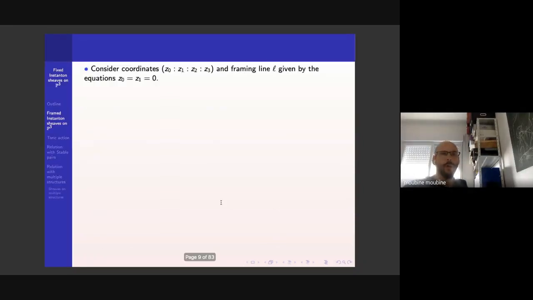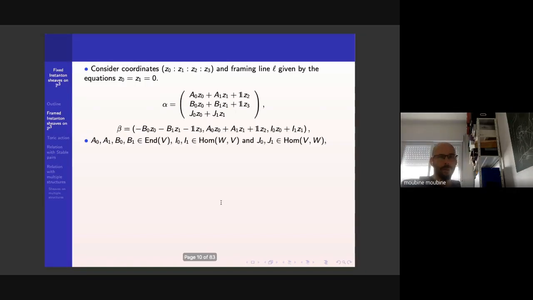Okay. So if we choose coordinates and let the framing line be given by the equation z0 = z1 = 0, then after some reduction of many of the symmetries of the monad, we can write the maps alpha and beta in the monad in this form, where A0, A1, B0, B1 are just endomorphisms of V, I0, I1 are homomorphisms from W to V, and J0, J1 are homomorphisms from V to W. So here we can see that this is closely related with the representation of a quiver with 2 vertices.